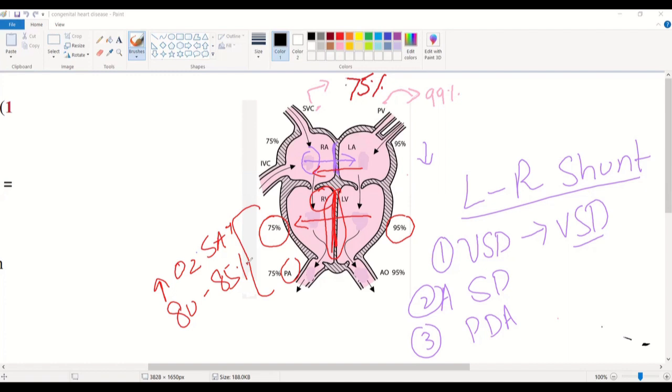Yes. So if the left side blood that contains higher oxygen mixes with the right side blood of the heart that contains less oxygen, it will increase the oxygen saturation of that chamber and vessels.